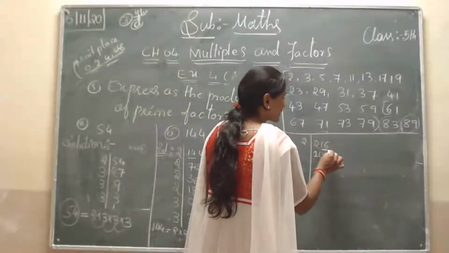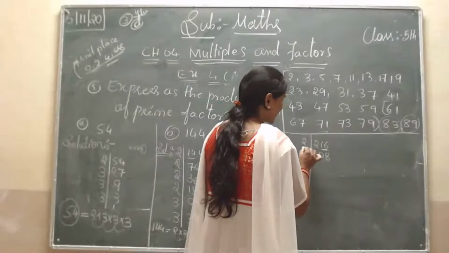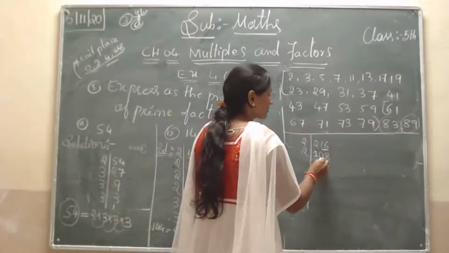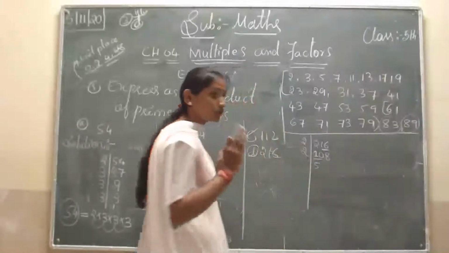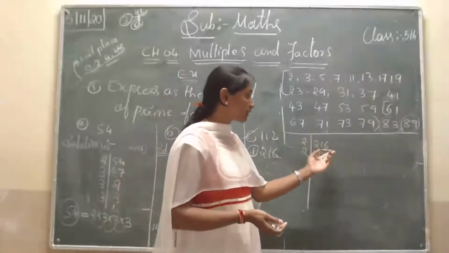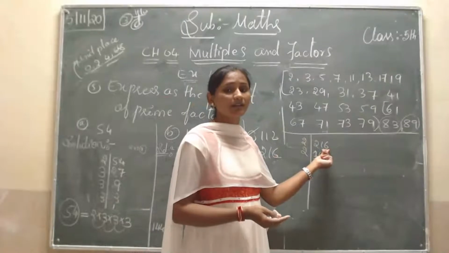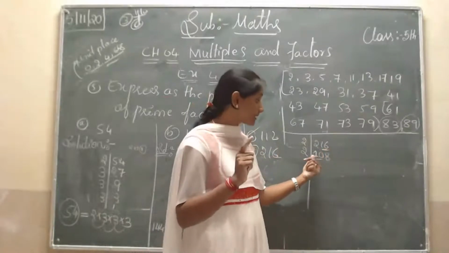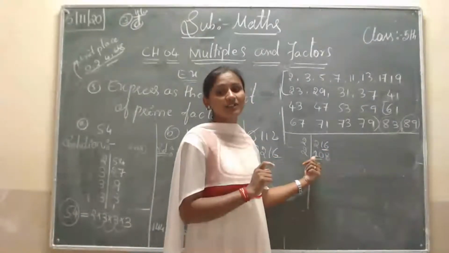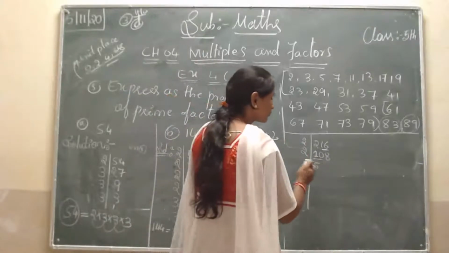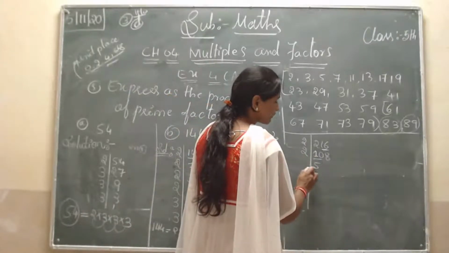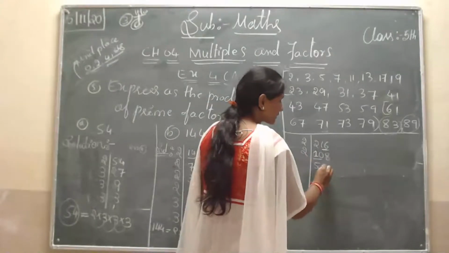So 2 eights are 16. Next again the 2 table, you consider 2 digits. 2 fives are 10. Students, don't get confused: after the first digit, when you consider 2 digits, you have to write the 0. But when starting with 2 digits, you don't write the zero. So 2 fives are 10, 2 fours are 8.